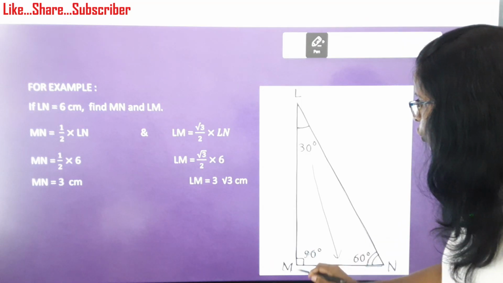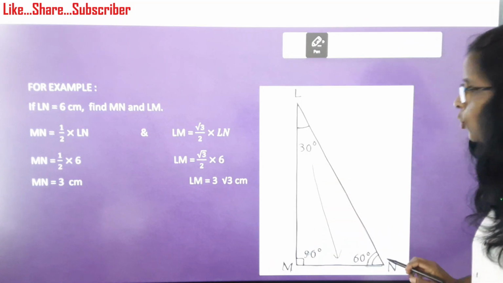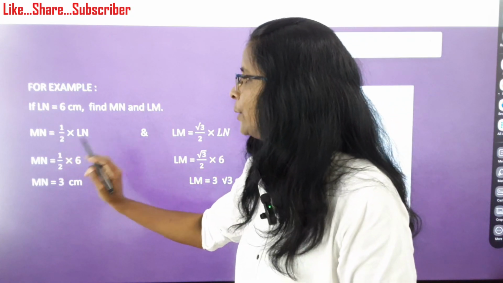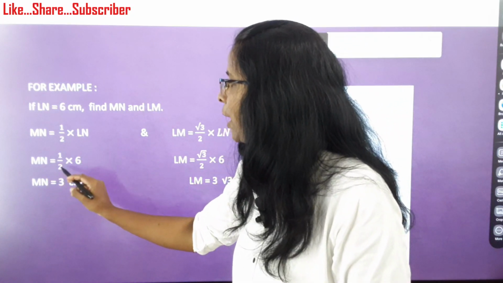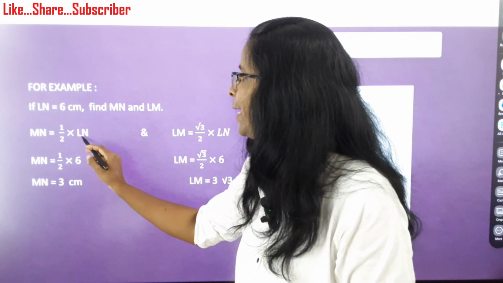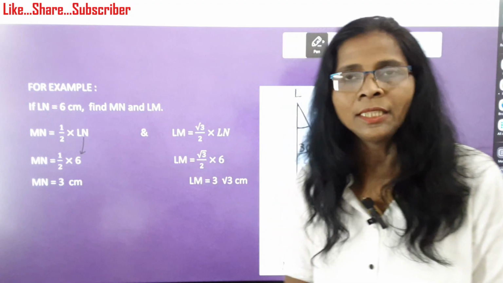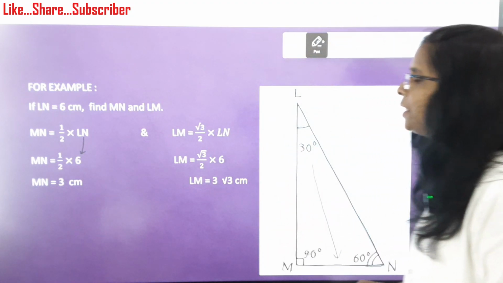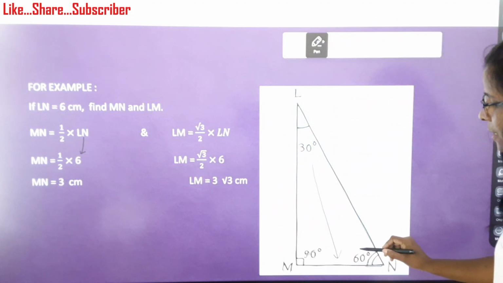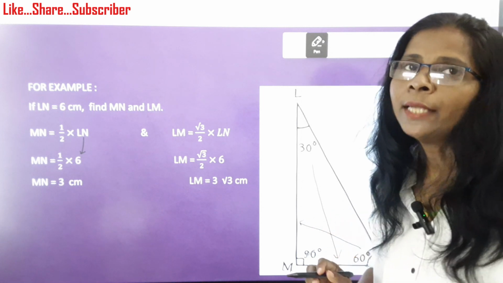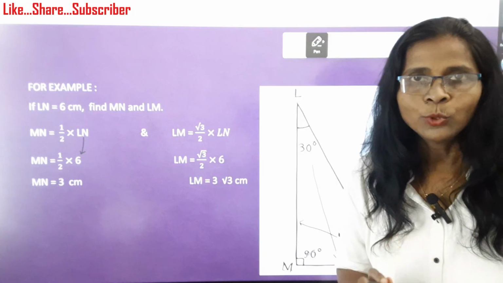The side opposite to 30 degree is MN. So MN is equal to 1 half into LN, which is 1 half multiplied by 6, because LN is 6. Half of 6 means 3 centimeter. And the side opposite to 60 degree is root 3 by 2 times the hypotenuse.